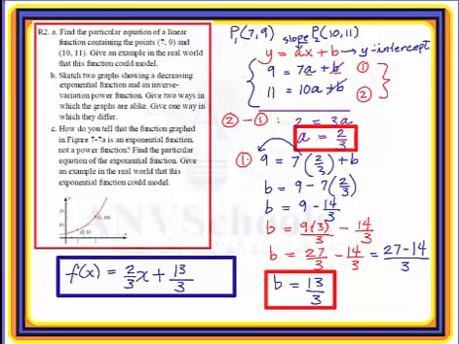Okay? For letter B, sketch two graphs showing a decreasing exponential function and an inverse variation power function. Give two ways in which the graphs are alike, and give one way in which the graphs are different.